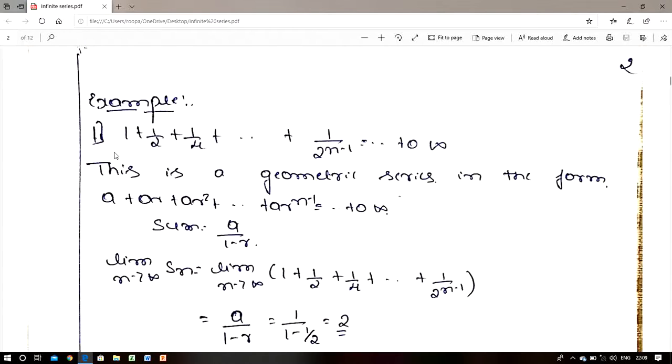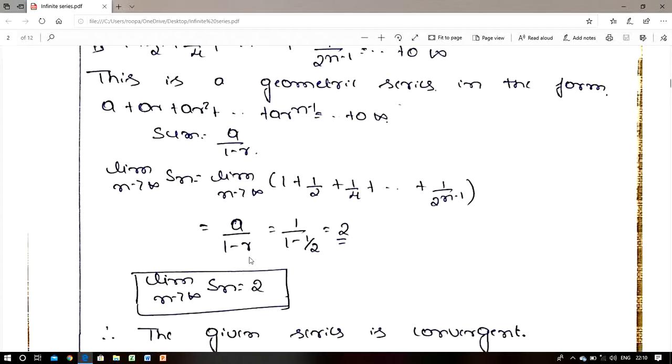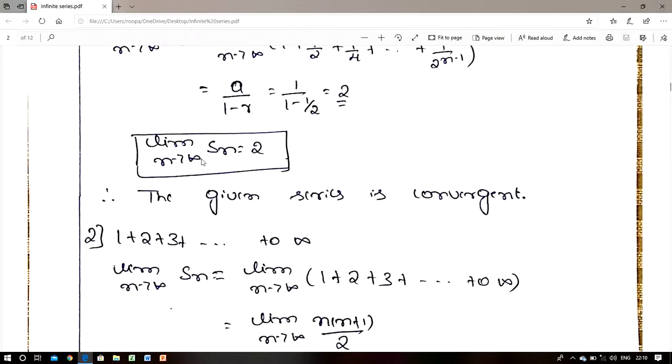Now limit n tends to infinity, Sn is a by 1 minus r. Here a is equal to 1 and r is equal to 1 by 2. Simplifying, we get 2. 2 is a finite value, therefore it is a convergent series.